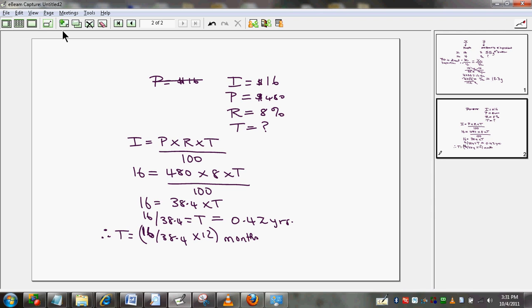That would work out to be the exact answer in the back of the book, 5 months exactly.